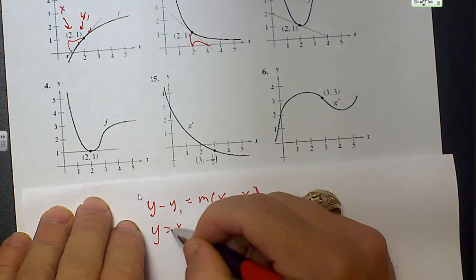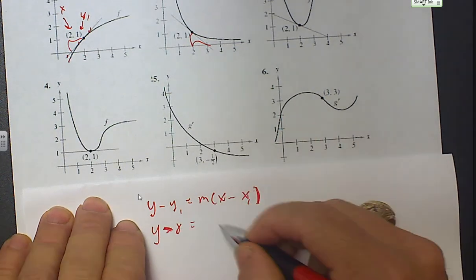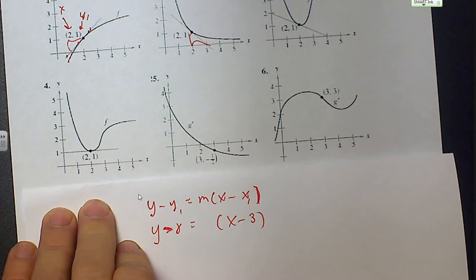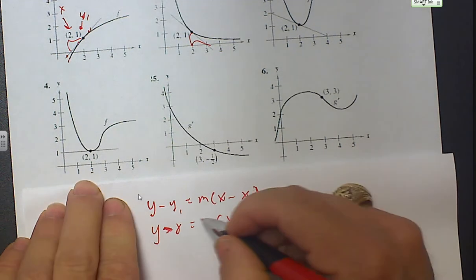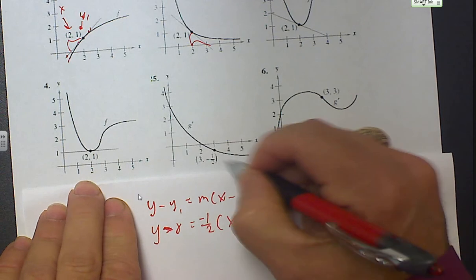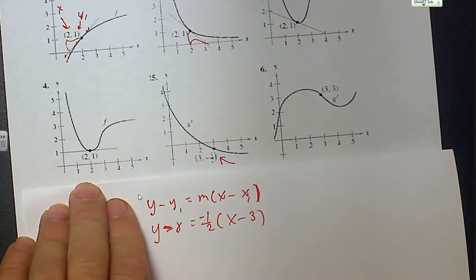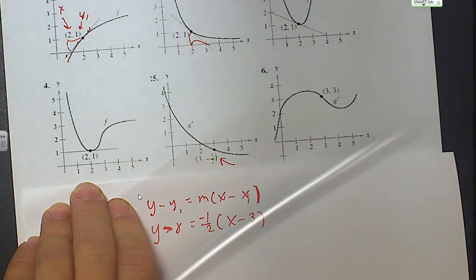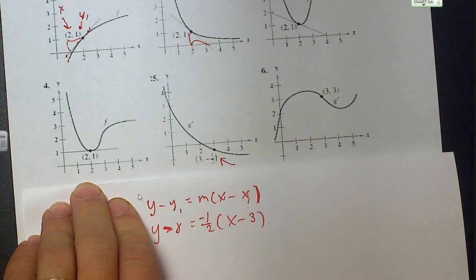So y minus 8, x minus 3. And then the slope, what is the slope? Negative 1/2. That's the point of g prime, it tells you slopes. So you know the slope of the tangent line at 3.